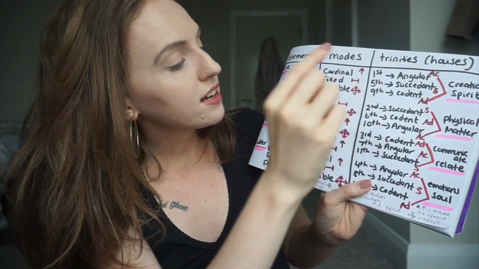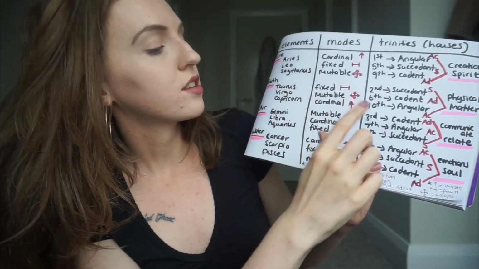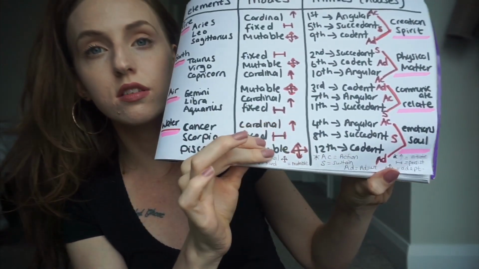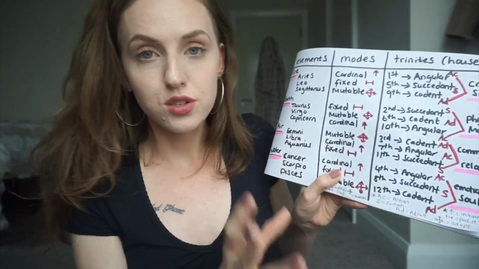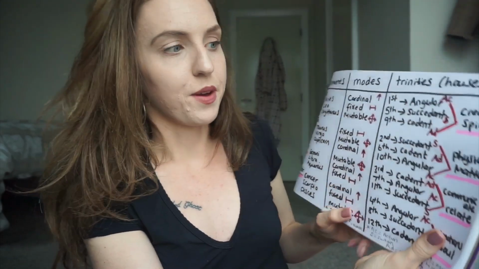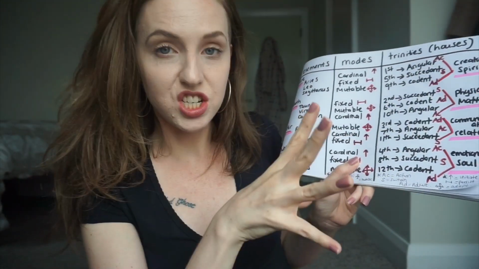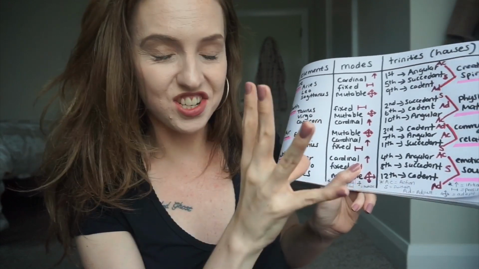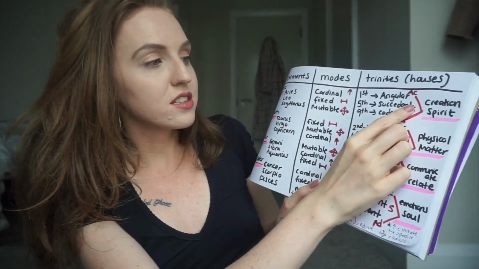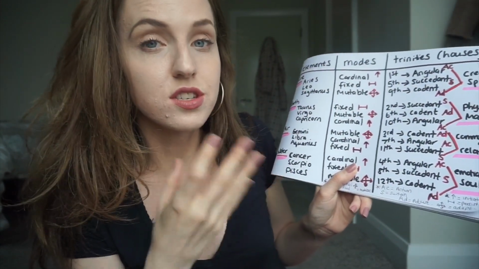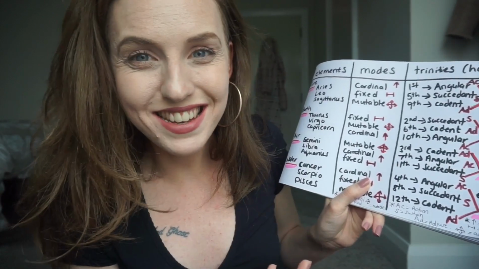And then the 9th, the 6th, the 3rd, and the 12th, they're all cadent houses. And the way I've done it to remember them is I've done an A, which is to show action, okay? Angular houses are action. Then I've done an S for the succeedent houses to suggest sustainment.